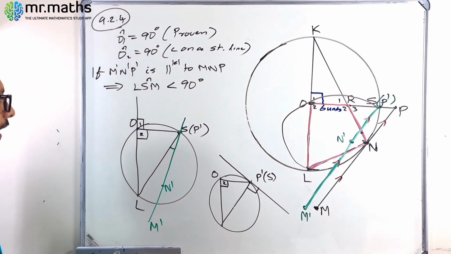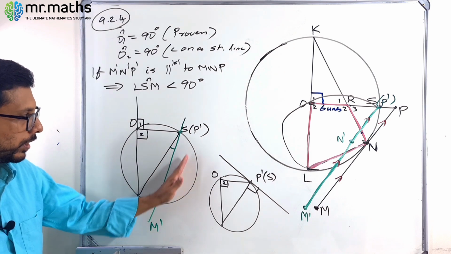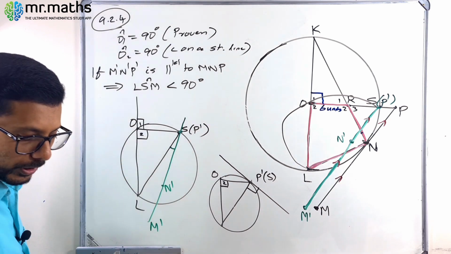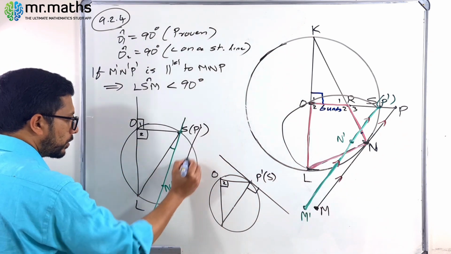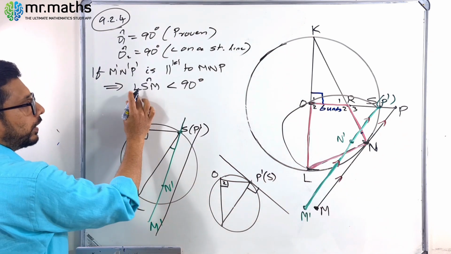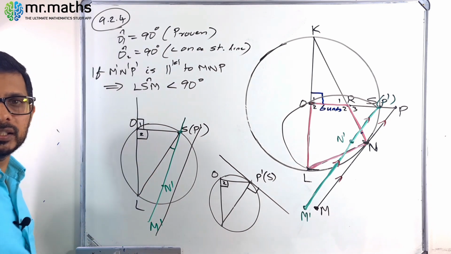If that one is parallel to that line L, do you remember the first one, this M N P, then angle LSM is less than 90 degrees.